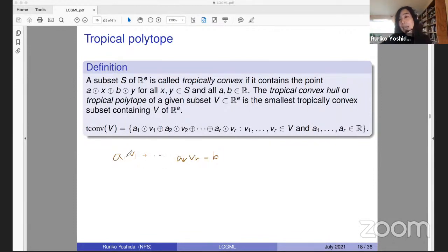PCA can be represented as a PCA plane, some linear space, generated by the principal components, and can be written like this. But if I tropicalize, basically that becomes the tropical polytope. So in a sense, it makes sense to apply the tropical polytope as a tropical principal component. All right, so that's what we do.